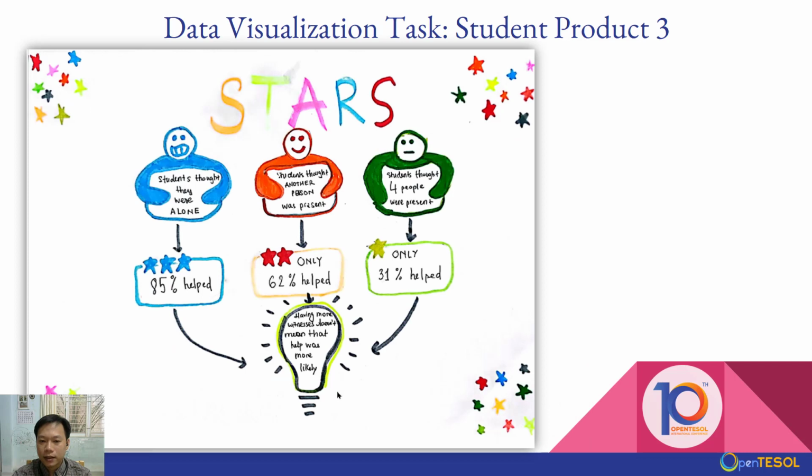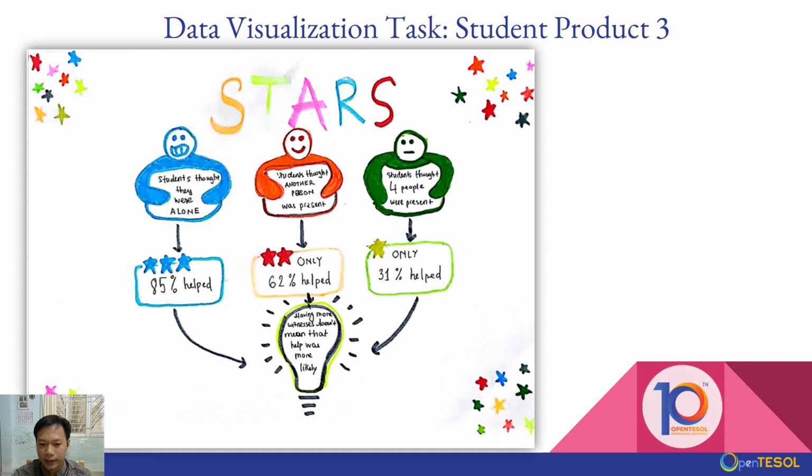Team Stars is probably the most effective group in the class with their data visualization. So they have their group identity, Team Star, and they also include the emotional result. They use the emotional depiction and the number of stars to indicate the possibility of people helping each other.